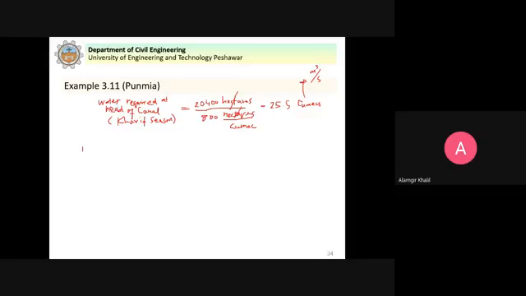Similarly, we have water required for Rabi season at head of canal, where the water enters into the canal. So what is the area for Rabi season?